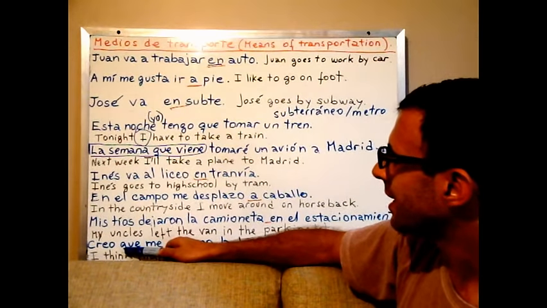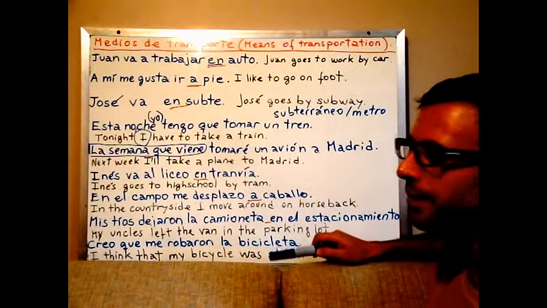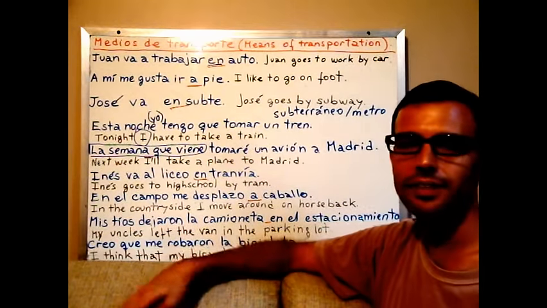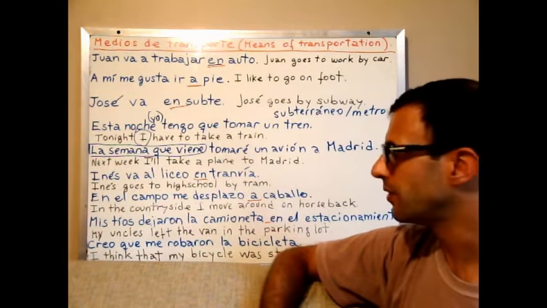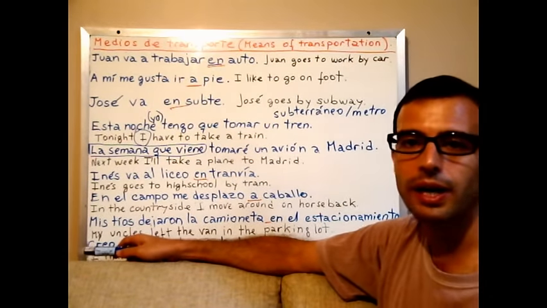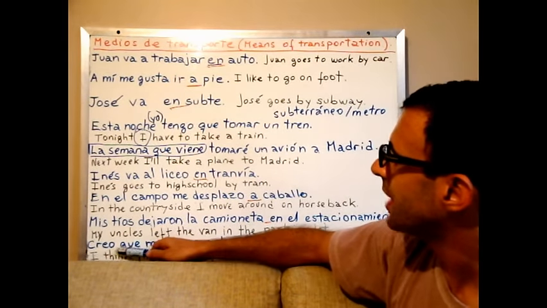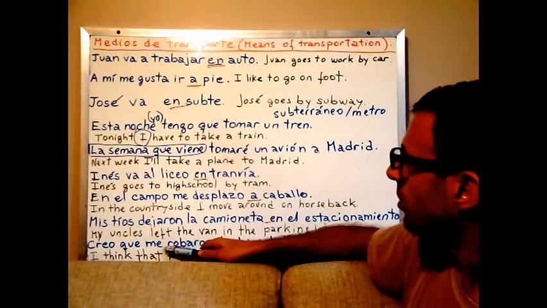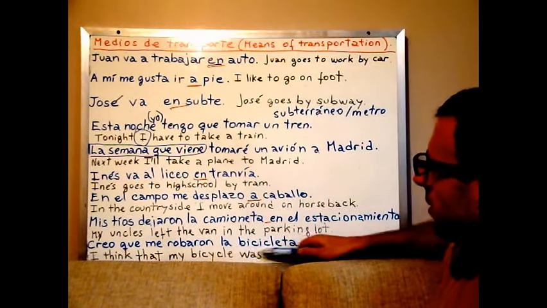Creo que me robaron la bicicleta. Creo means I think. Again, the word for I, yo, is implied. We can say yo creo, but we omit the yo because it's not necessary. I think that they robbed me, or to me, the bicycle.